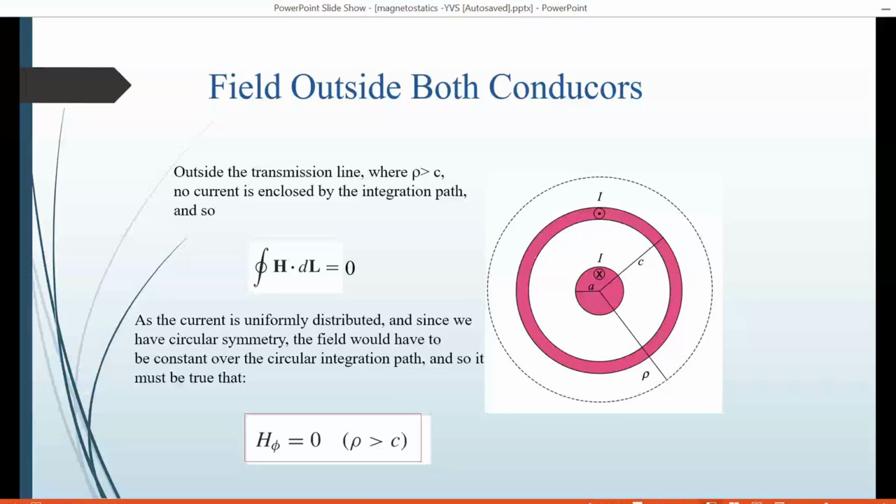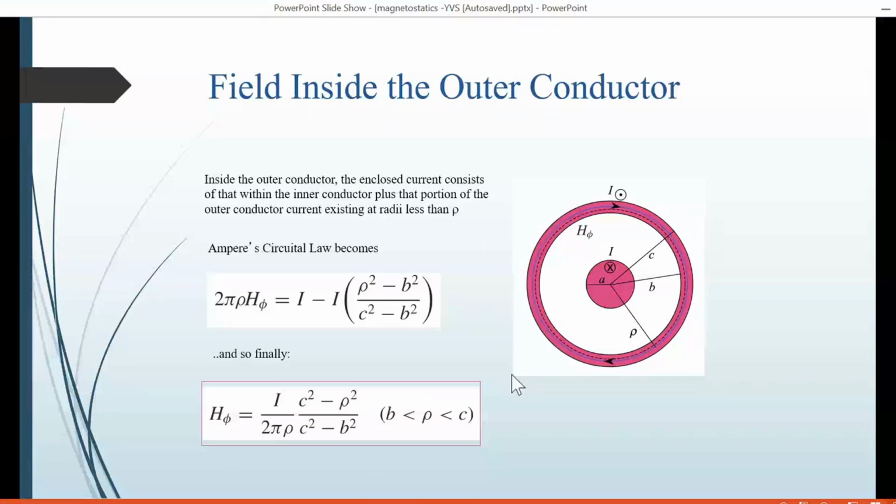So outside the coaxial cable there is no magnetic field present. So H phi at r greater than c is equal to 0.